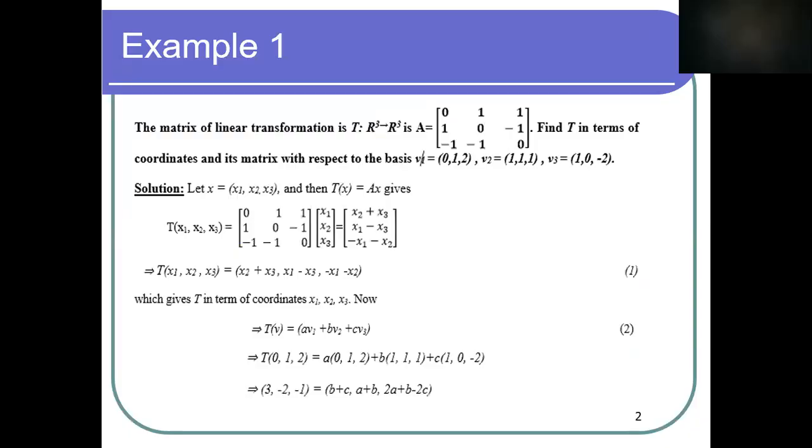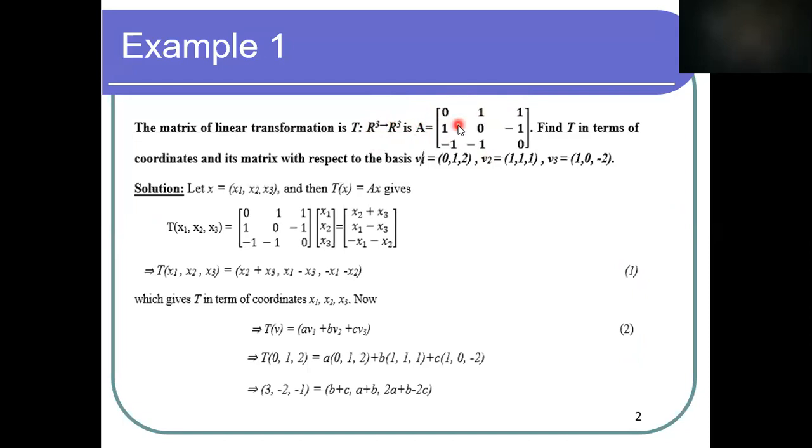First example, we have a matrix of transformation like this one. If I turn on the spotlight, here you can see this one. So we have a matrix of transformation from R3 to R3 that takes three-tuples and maps them onto three-tuples.